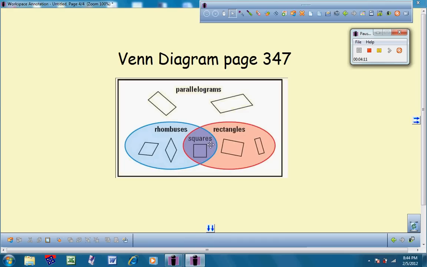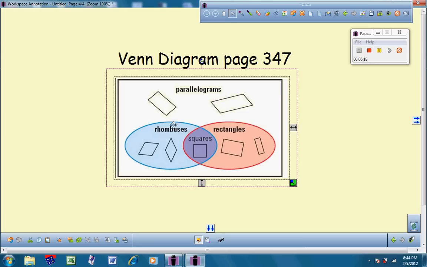Alright? So if they ask you, is a rhombus a parallelogram, we can see that yes, all rhombuses are parallelograms, so that would always be true. A trapezoid is also a parallelogram, and kites are also parallelograms. You want to pay close attention to the definitions of trapezoids and kites.